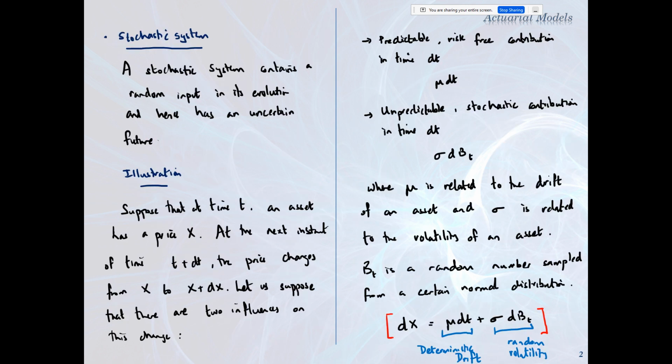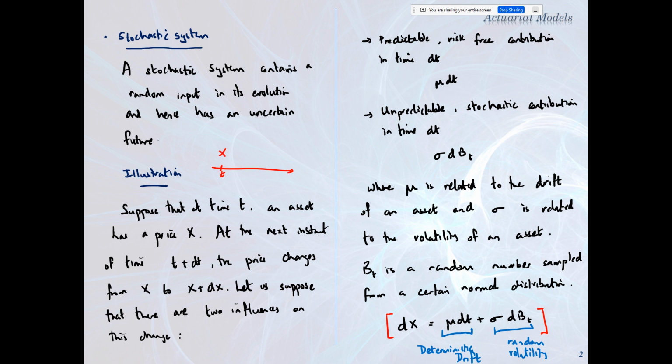Okay, so a stochastic system contains a random input in its evolution and hence has an uncertain future. We will see the model in the next slide. So as an illustration, suppose at time t, an asset has a price x. Good.